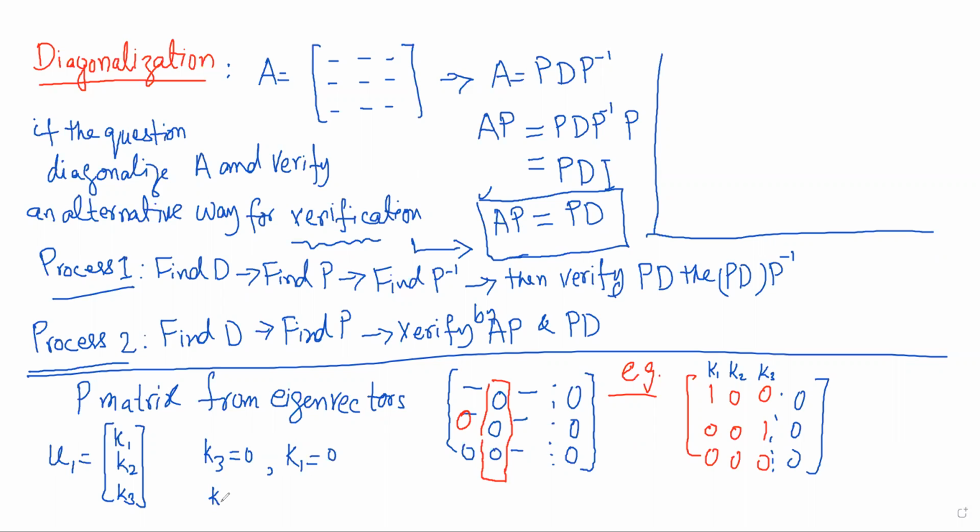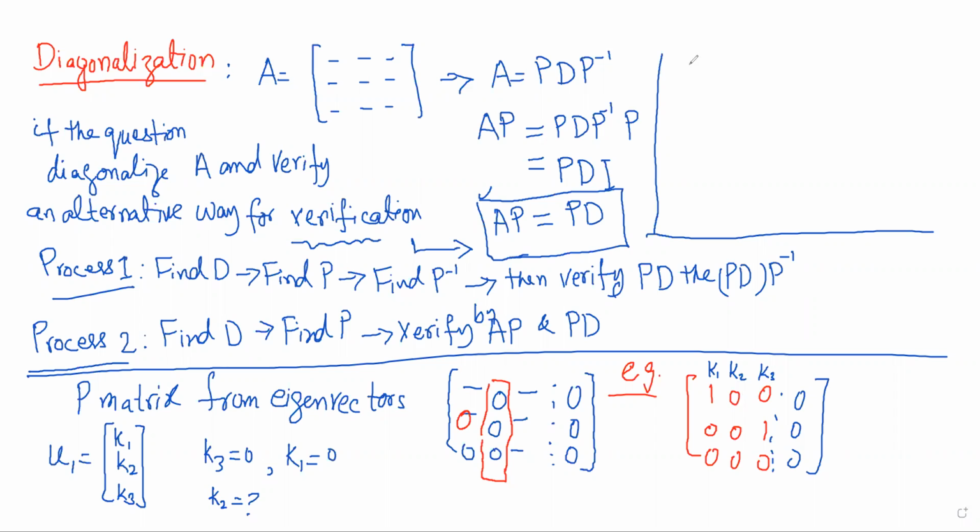Then what is K2 in this case? Here we can make a mistake by assuming that K2 is also 0, but this is not true, because whatever value of K2 we put, it will satisfy this equation since the coefficient is 0.